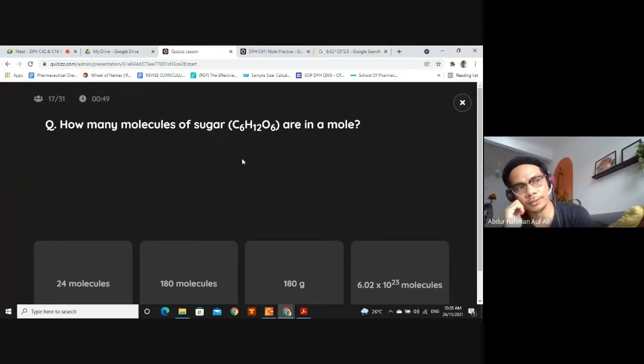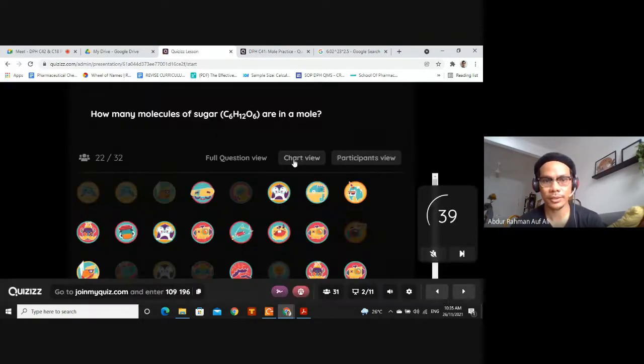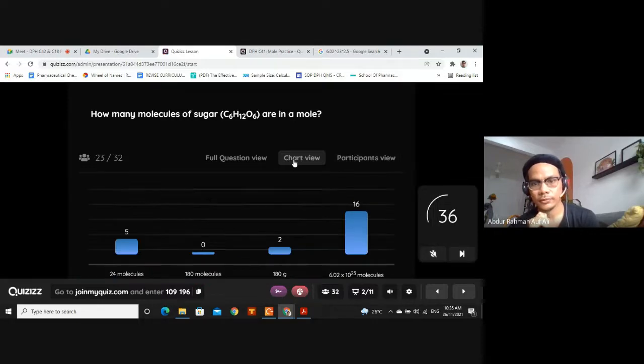So to answer that gajah question, kamu perlu tahulah 1 dozen tu equals to how much. So do you know how much is a mole? Let's take a look at your chart view. Okay, almost all of you jawab 6.02 darab 10 kuasa 23.